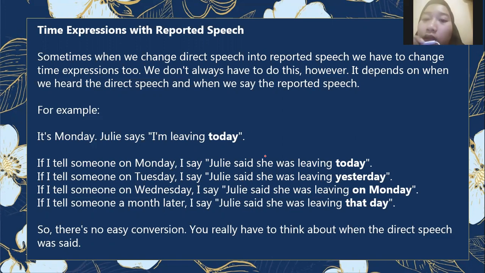If I tell someone on Wednesday, I say, Julie said she was leaving on Monday. And if I tell someone a month later, I say, Julie said she was leaving that day. So there's no easy conversion. You really have to think about when the direct speech was said.